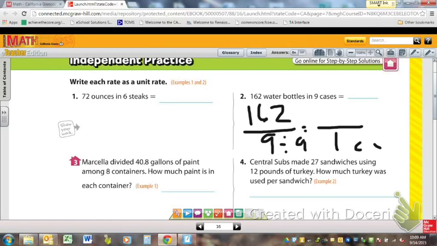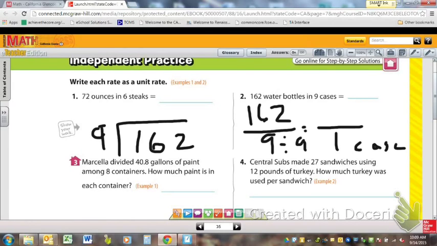So that's my case, and then 162 divided by 9, and they'll have to do some division problems. And then 9 into 72 goes 8, so 18. 18 bottles in one case.